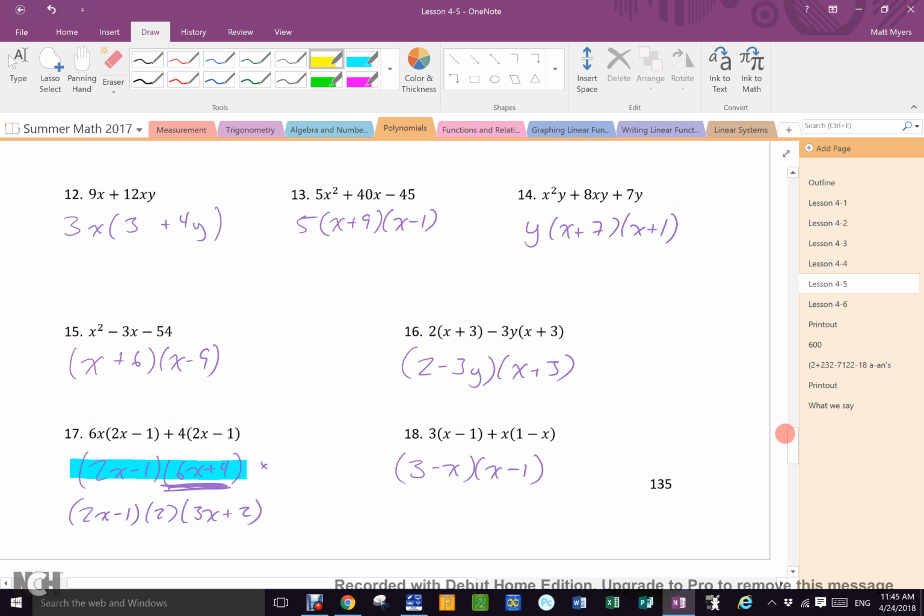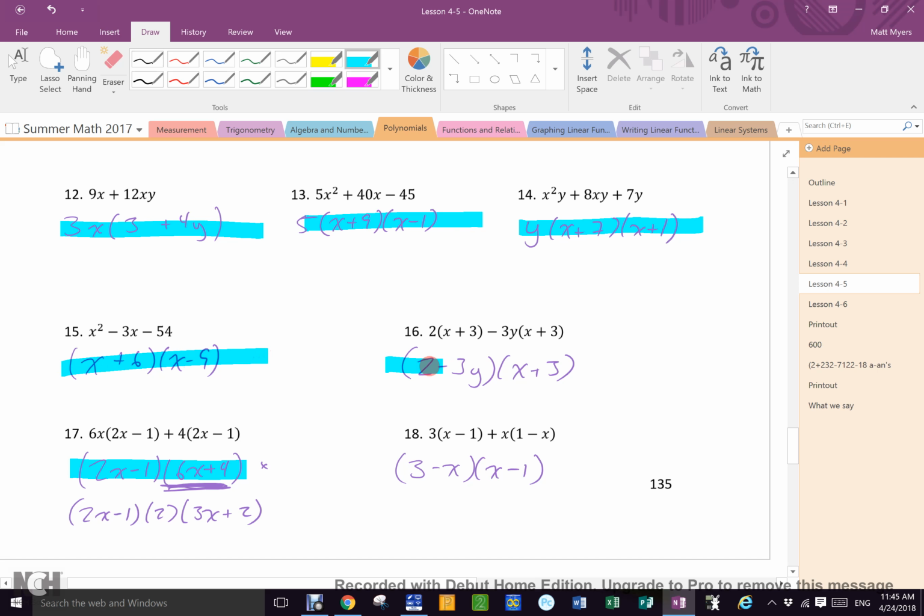What about 12 through 18? 16, 17, and 18 I imagine caused a bit of trouble if you are working along on your own. I'm willing to explain any one of them. 17, of course I can.